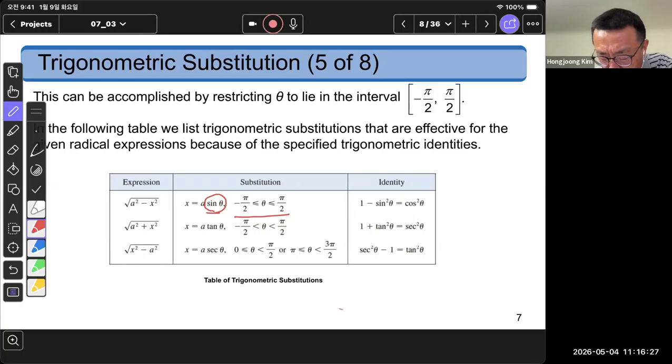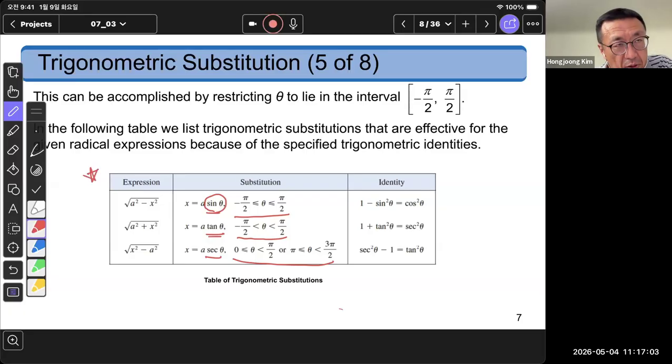In the case of the tangent function, when I consider a similar interval, the function becomes one-to-one and invertible. And if I consider this interval for theta, the secant function will be one-to-one. Based on this, please remember this one.